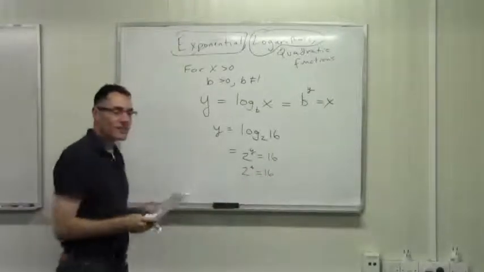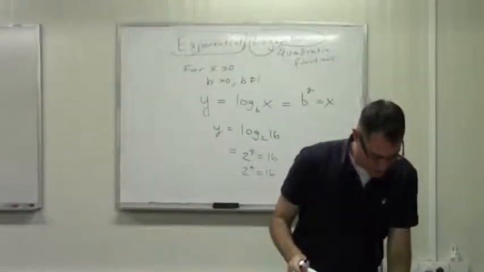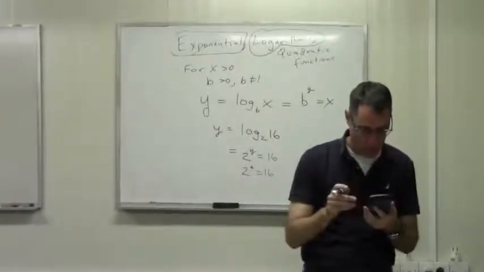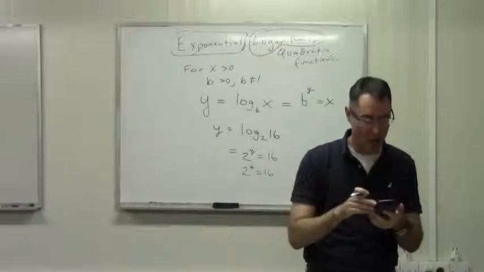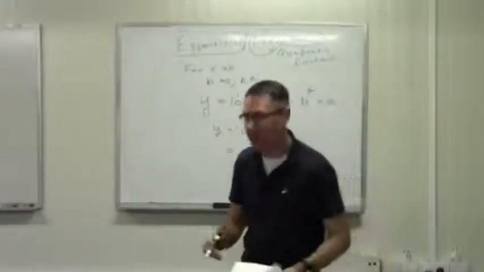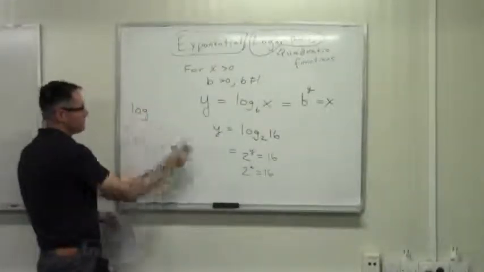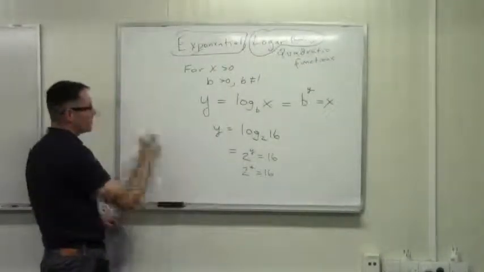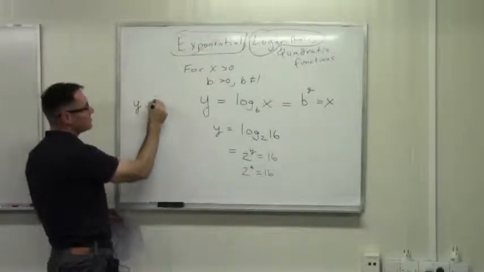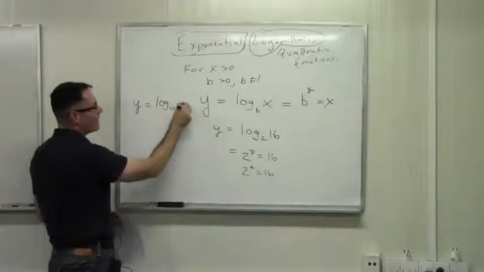Try this on your calculator. Oh, actually, you can't quite do it on your calculator because you don't have base 2 logarithms on here. You do have the log button, L-O-G. That log button means base 10. So let's try one like this: y equals log base 10 of 1,000.